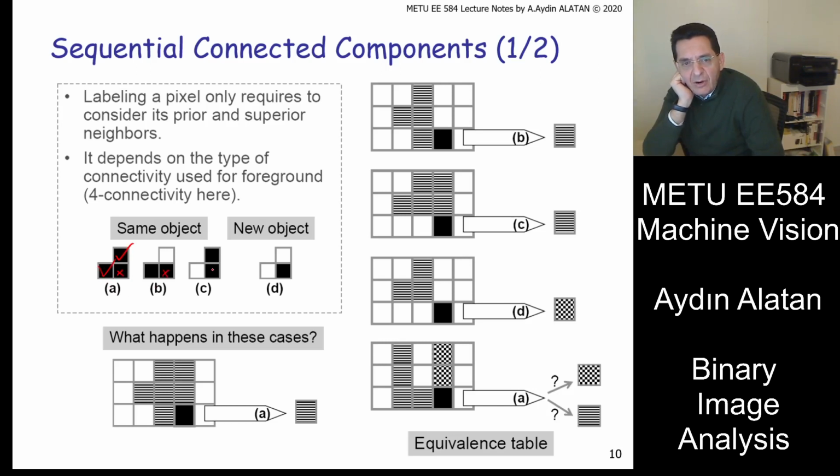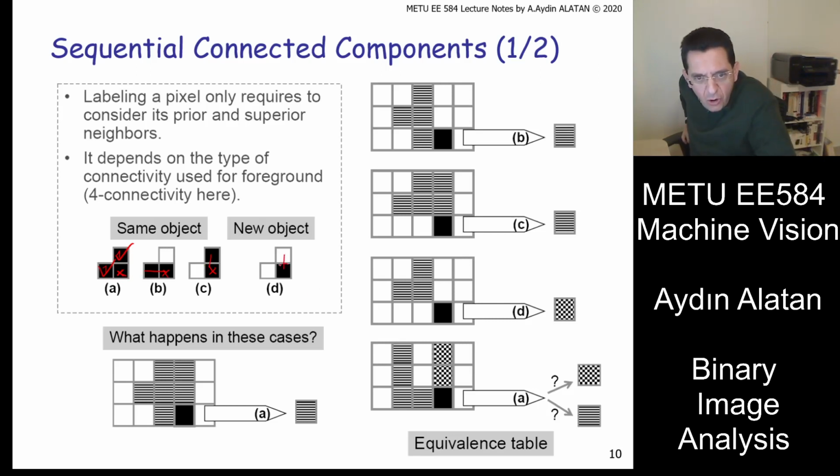If I have this scenario, I am this point. For these points, if both my north neighbor and my west neighbor are the same, I'm going to say that you are the same object. Okay, if this is 1 and 1, you will say you are the same object. If you have this case, or if you have this case, you also still say same object.